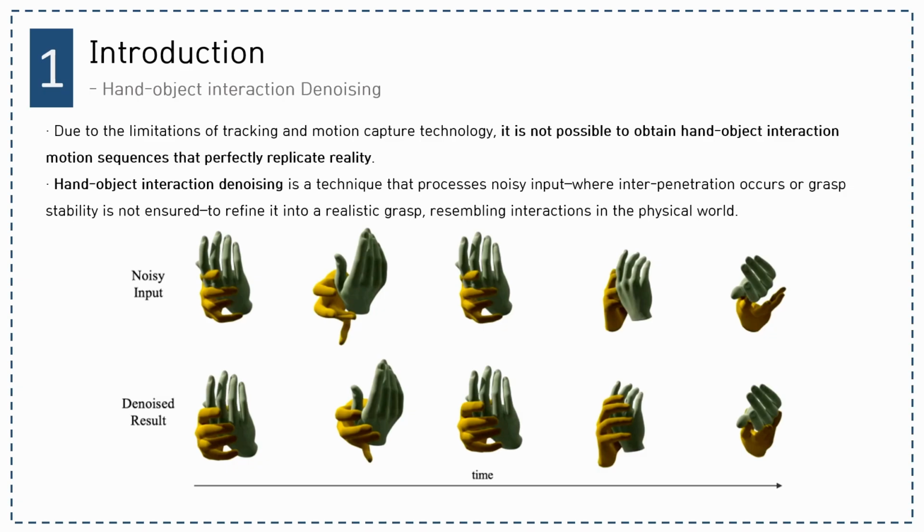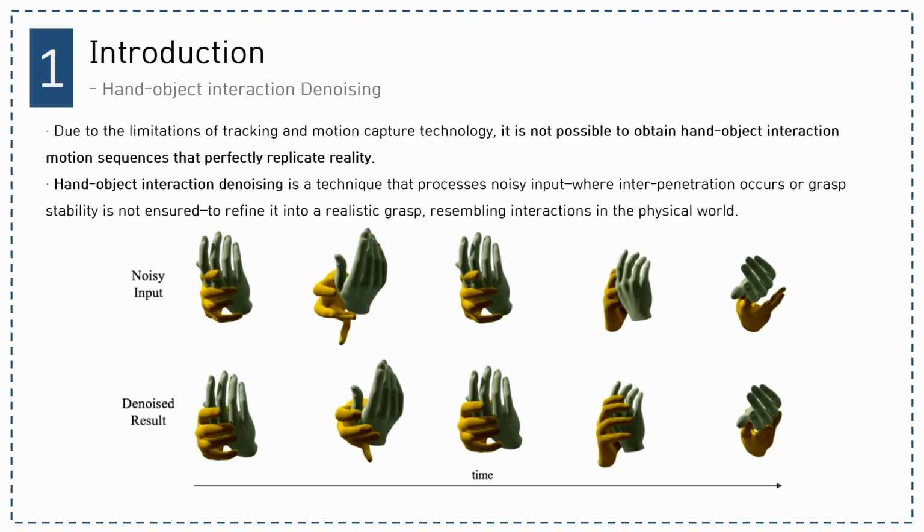If the hand-object interaction motion sequence were an exact replica of reality, it would be challenging but not impossible to solve. However, due to the limitations of tracking technology and motion capture, we inevitably obtain noisy motion sequences, which necessitates hand-object interaction denoising technology.